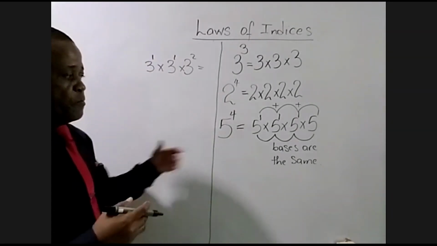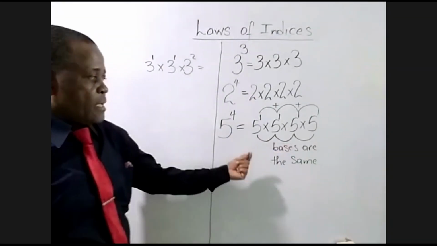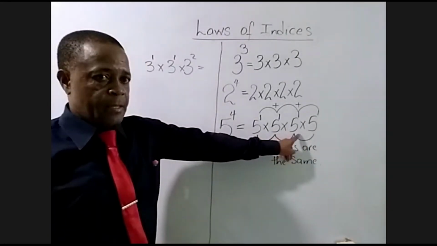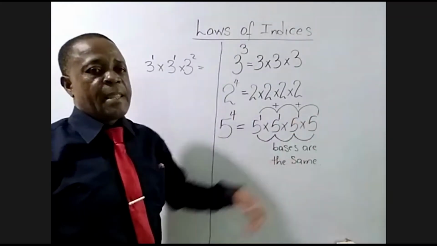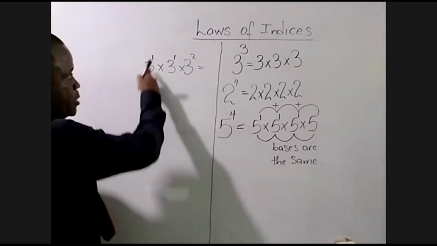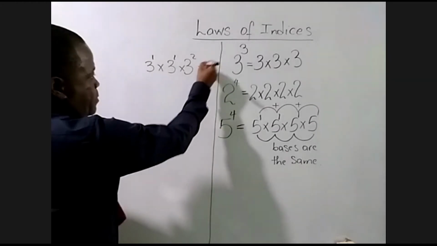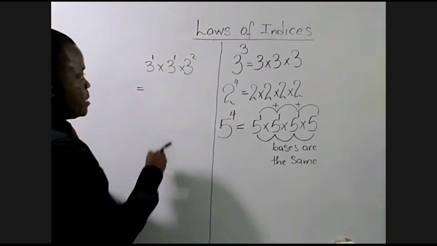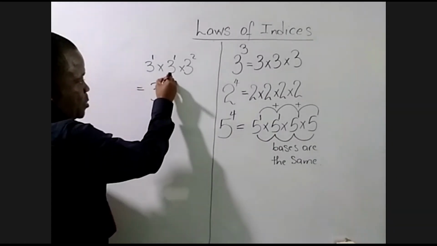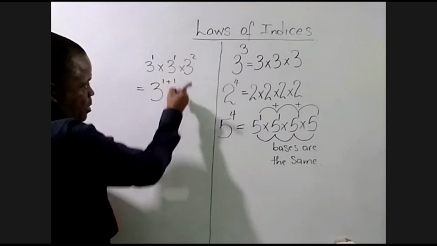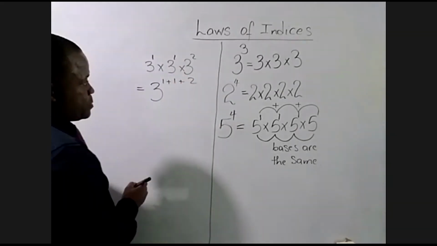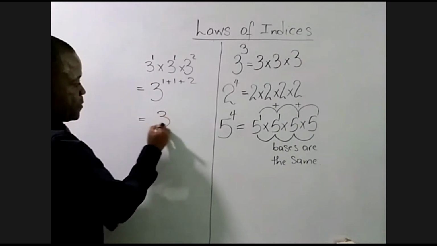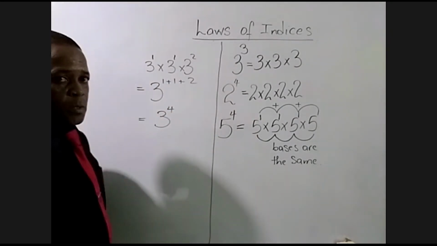Now, based on what we learned here, that if the bases are the same and you're multiplying, then we can just go ahead and add the powers. All right? So here I could put it below, just create some space there. So I would end up with 3 to the power of 1 plus 1 plus 2. When I add all of that up, I will end up getting 3 to the fourth power.